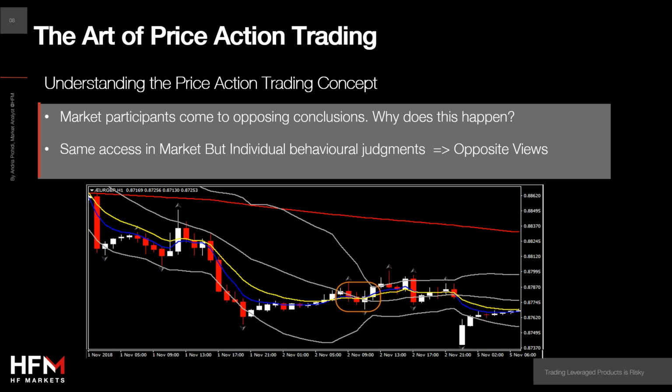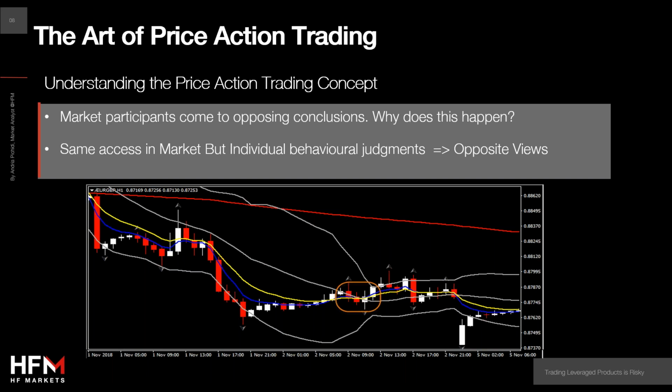which leads to different, opposite views. The reason I'm saying that is to make you understand that you shouldn't blindly follow any recommendation that you might see in a forum and so on. Even if you check forums or signal services, or signals given by friends or others in general, you should be able to filter it out.